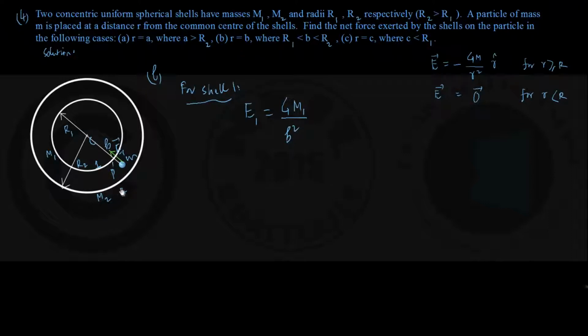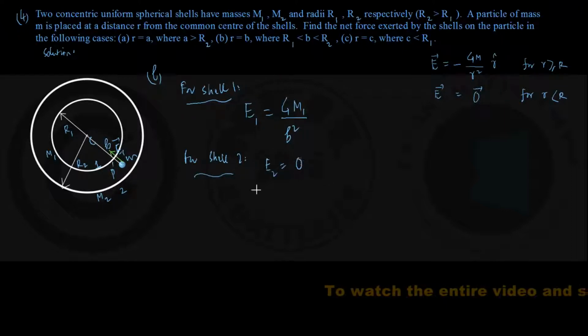And for the outer shell, as the point is inside the shell, we conclude that for shell number 2, the outer one, E2 has a numerical value of 0.